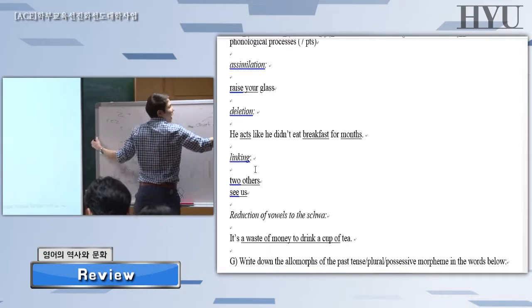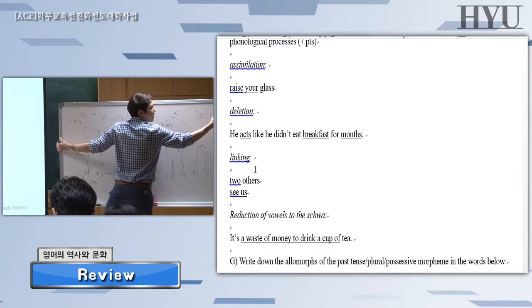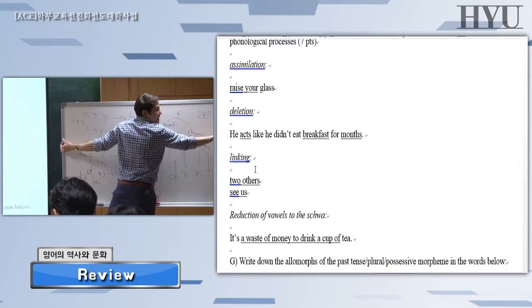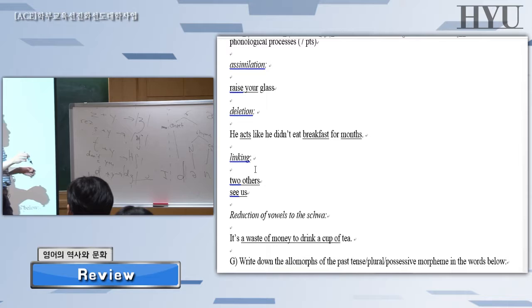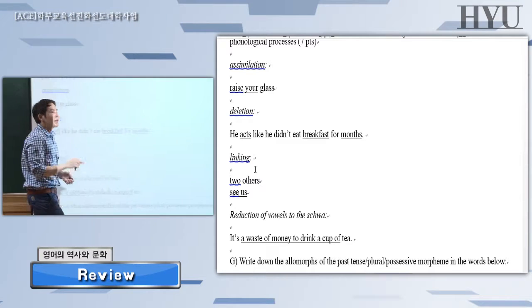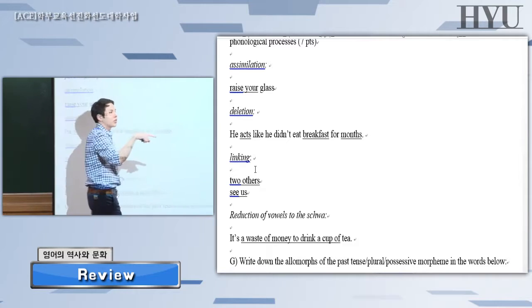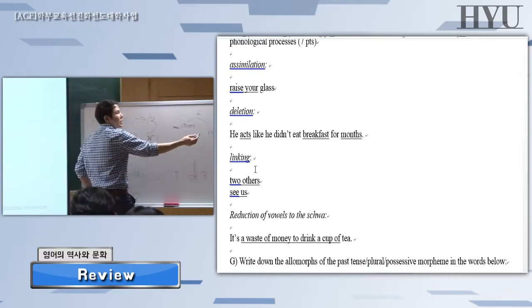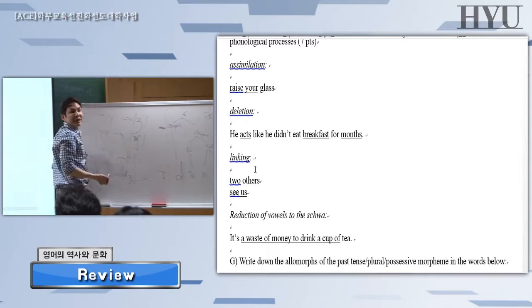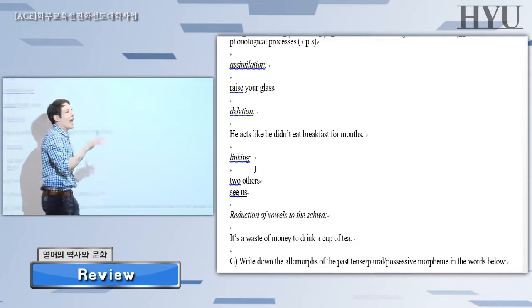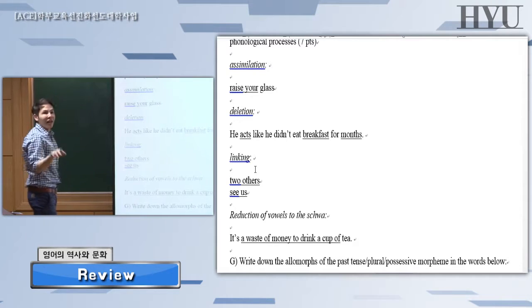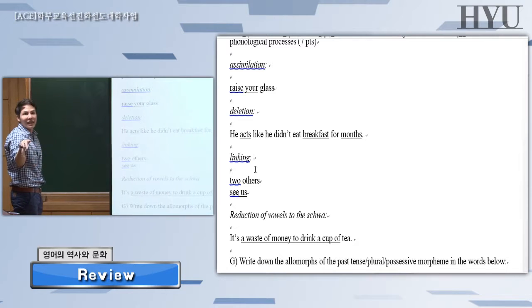If you look at it, we have k, t, and s. So the tendency is for the mid sound, for the central sound to be deleted. So instead of t, they delete the t. Okay? So we just say acts. He acts like.